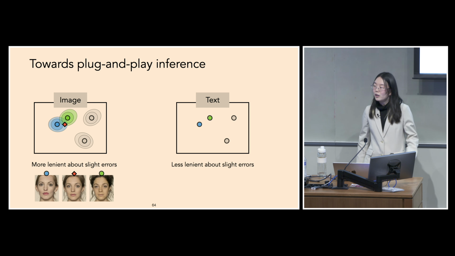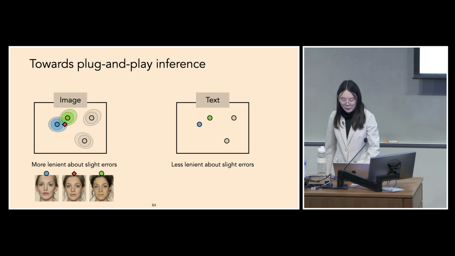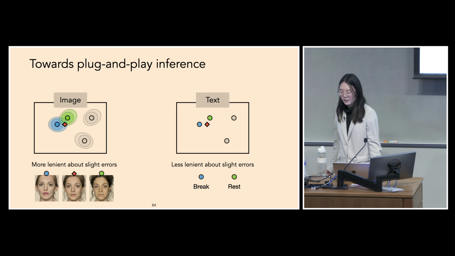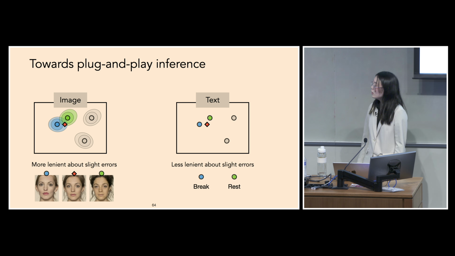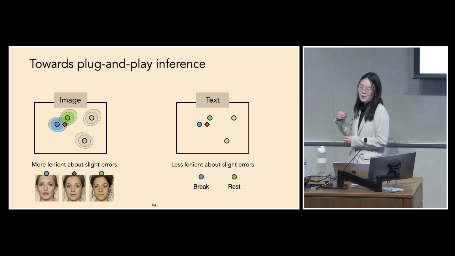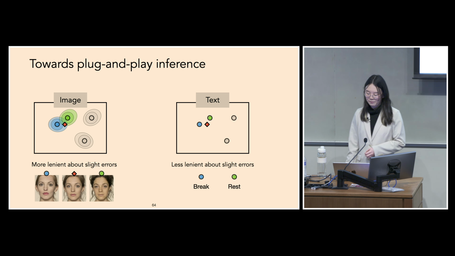However, this is not true for text. If the predicted vector lies between two words, then it is incorrect, because there is no corresponding word there. Therefore, to model text in the continuous space requires great precision. You might say, OK, we can always map it to the nearest word embedding.